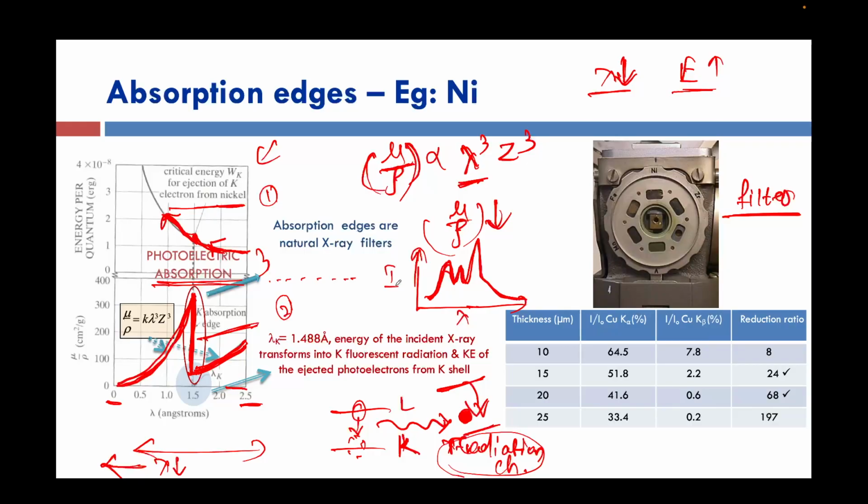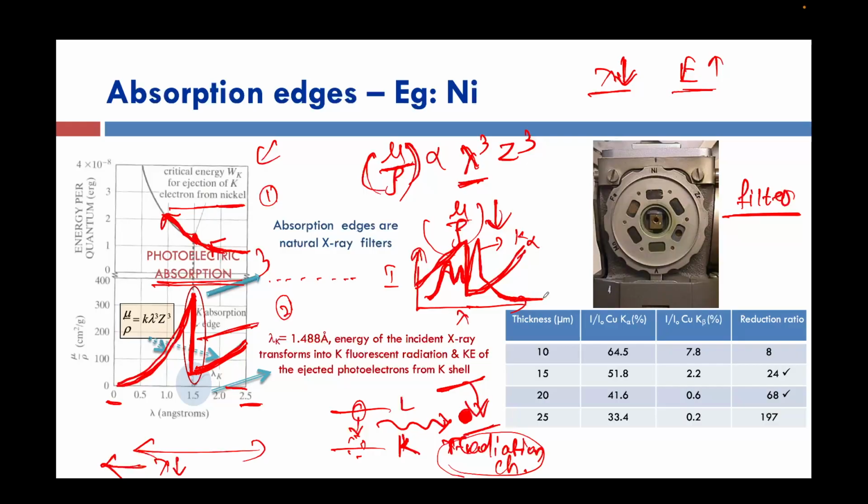Let's say this is the radiation of my X-ray. Now if I put some material which has its absorption edge in between the K alpha and K beta, that means I am effectively allowing this K alpha radiation to go out of this material after interaction.